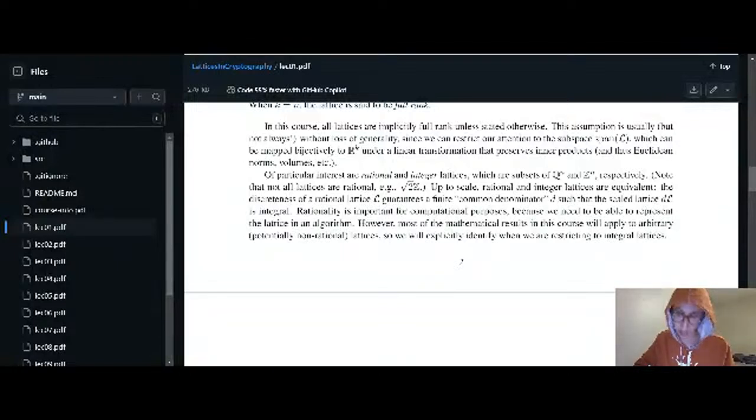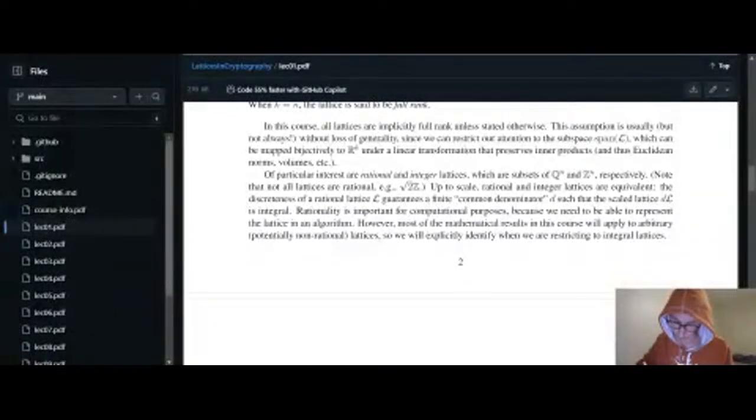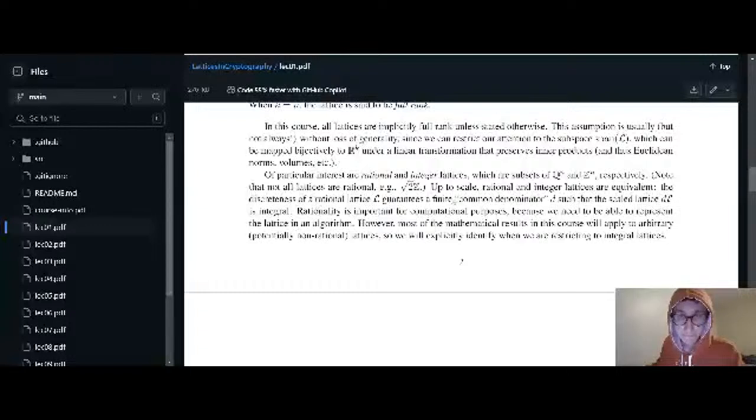Oh, I see. That's cool. So what this is saying is that if you take a lattice, the rational lattice is essentially an integer lattice scaled very down, or scaled at a very fine level.